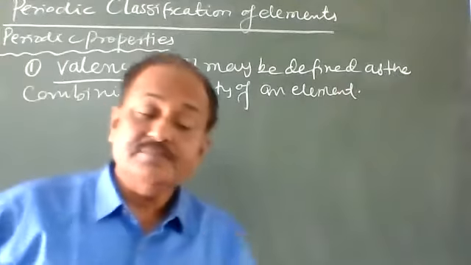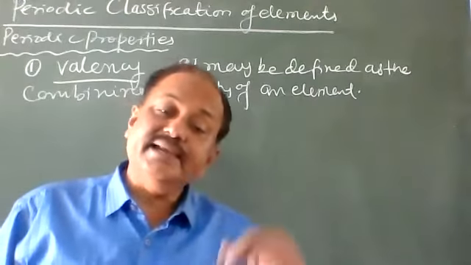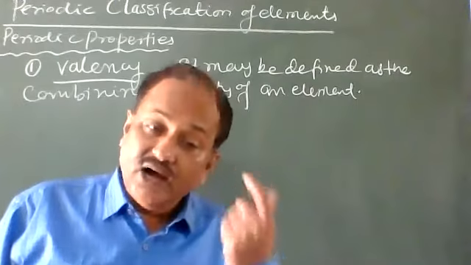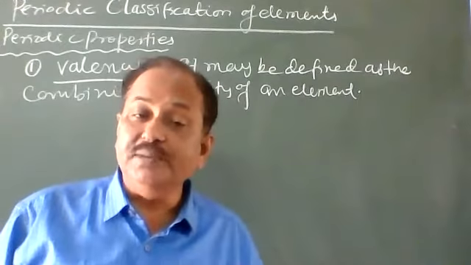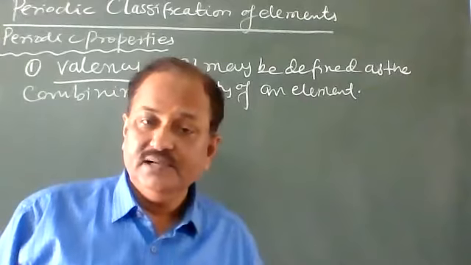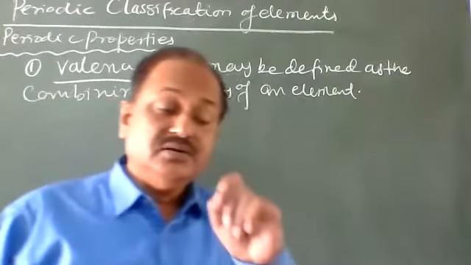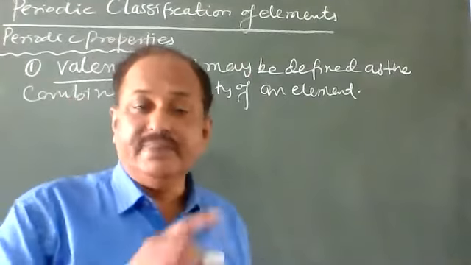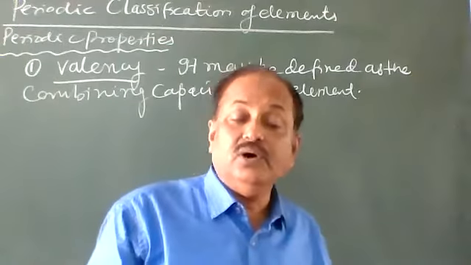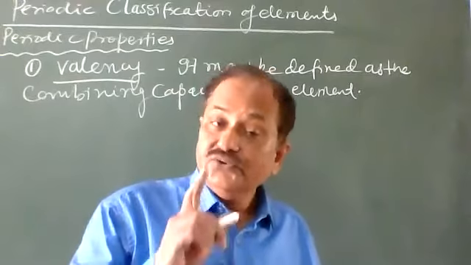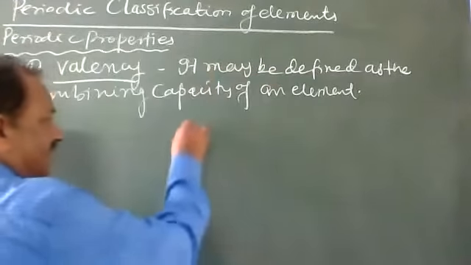Combining capacity means how many atoms of the same type or other type one atom can combine with. Once again I am repeating, combining capacity means an atom can combine with other atoms or atoms of the same type, in which number? Like see hydrogen.